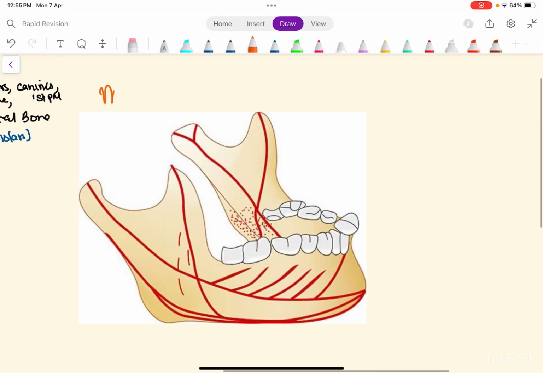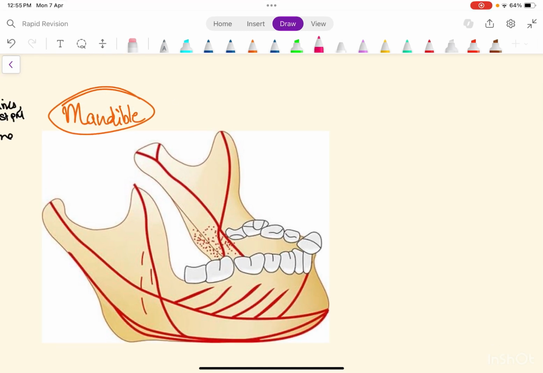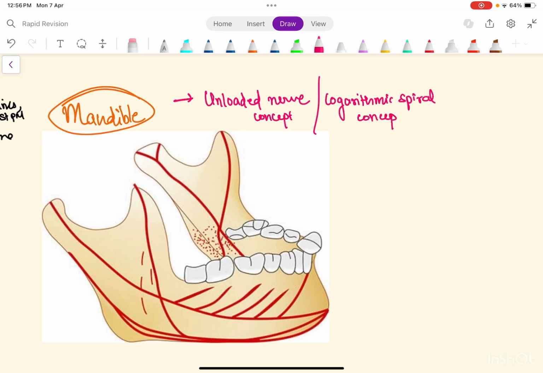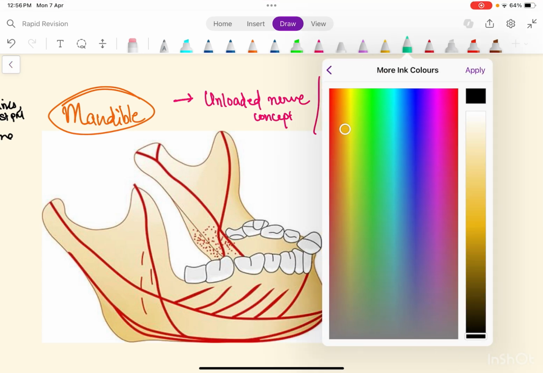Now this is relatively easier, although the first one was also easier. In the mandible, there's something you should know about, the unloaded nerve concept, which is also called the logarithmic spiral concept. Now what is this concept about?